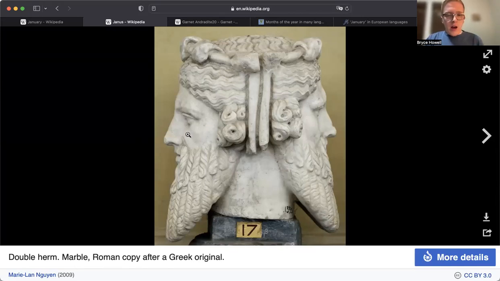And I think that's an interesting perspective to have. Being aware of the etymology of the first month of the year, it's important to keep an eye on the future, but also to keep an eye on the past.